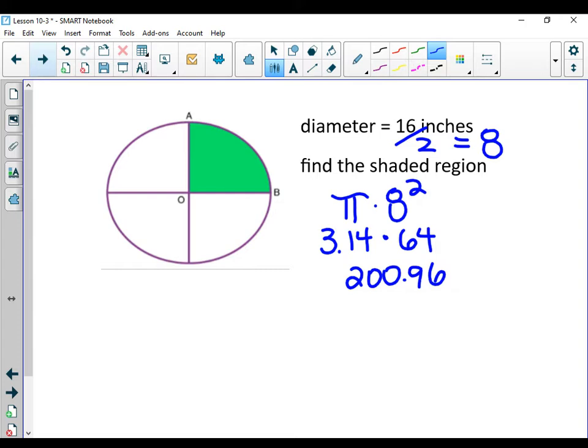But the whole thing is not green. Divided by 4 is a fourth. Are we not going to do this one? That's our last one.